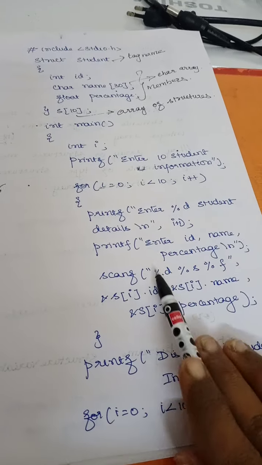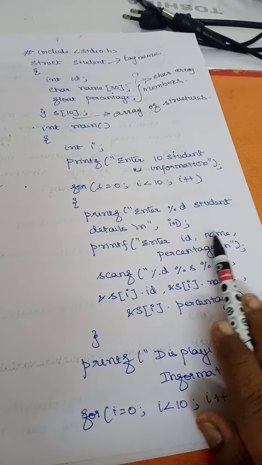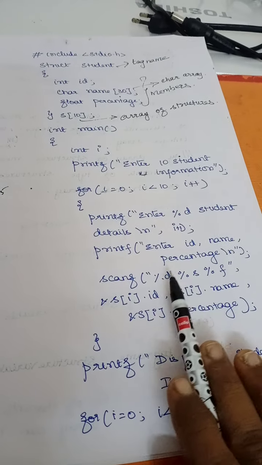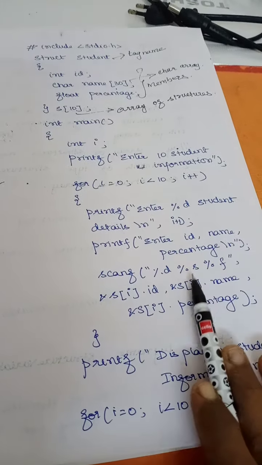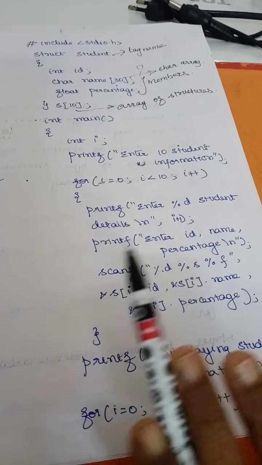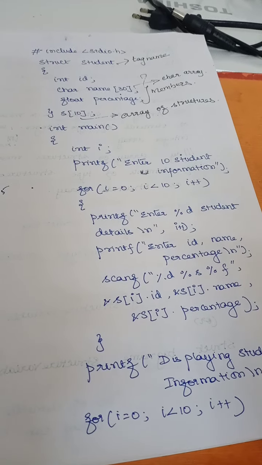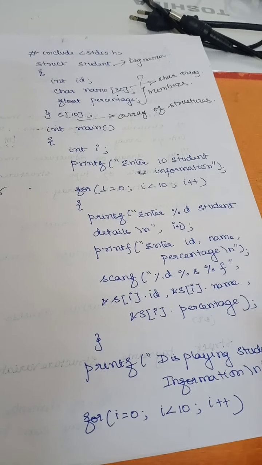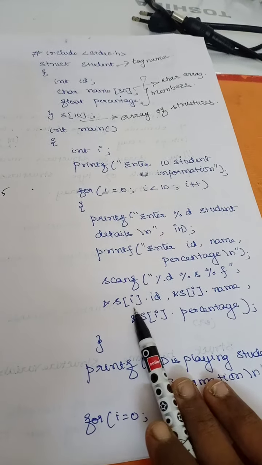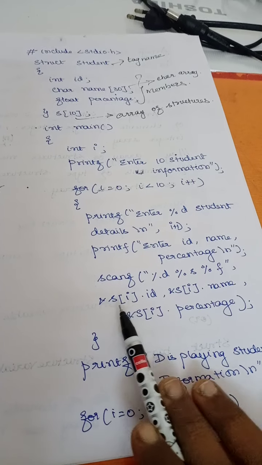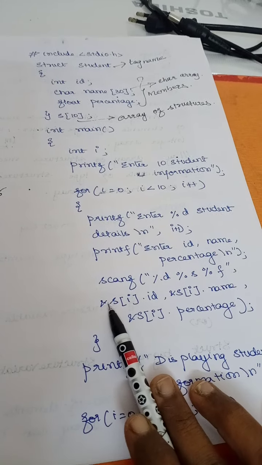Understood? Right. And then enter id, name, and percentage. So I am reading all the values. Already I told you in the scanf there won't be any difference. The way we read a normal value, the same way you have to read your structure variable, right? But here, since I have got an array, I am using the ampersand.